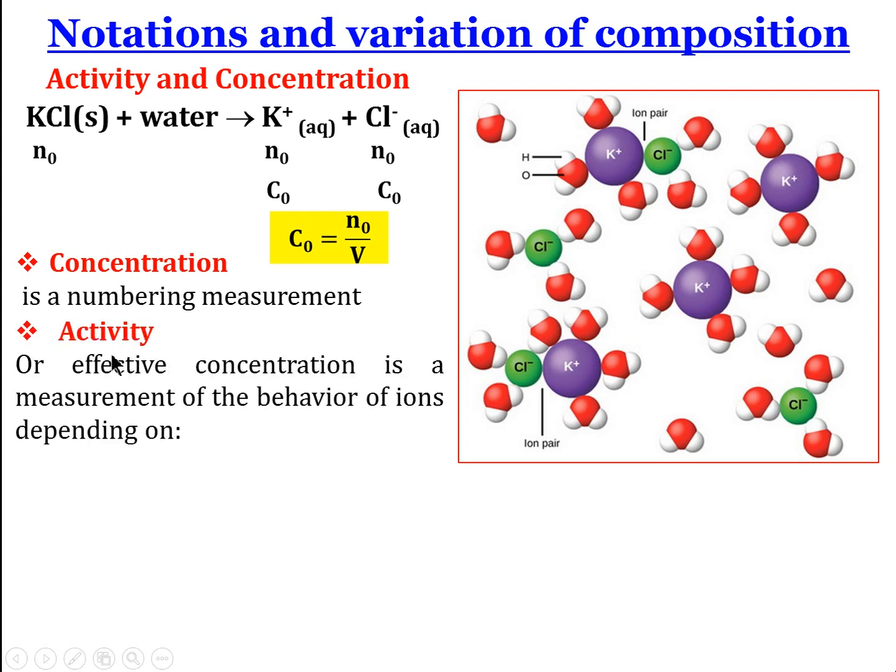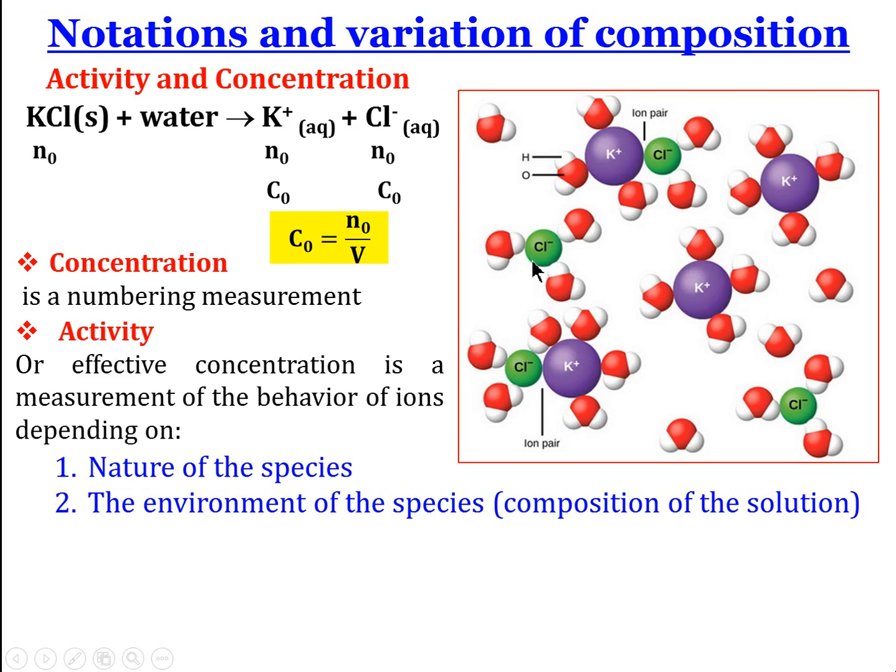The real concentration or the effective concentration is called the activity, and it is a measurement of the behavior of ions in the solution. This real concentration or activity depends on the nature of the species dissolved, on the environment of this species, on the composition of the solution, and also on the type of solvent used.